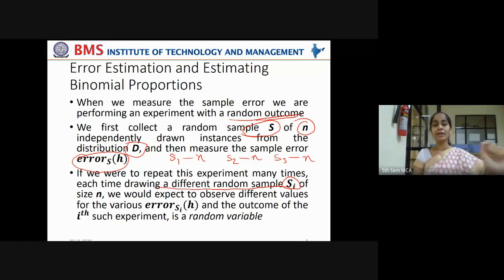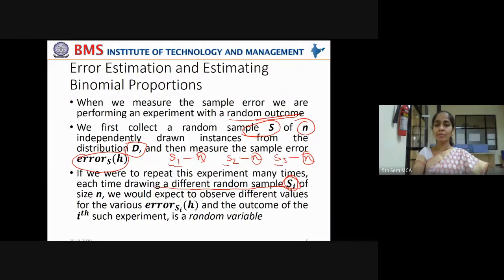Now we are repeating this experiment many times, each time drawing a different sample Si, S1, S2, S3 and so on, each of size n.